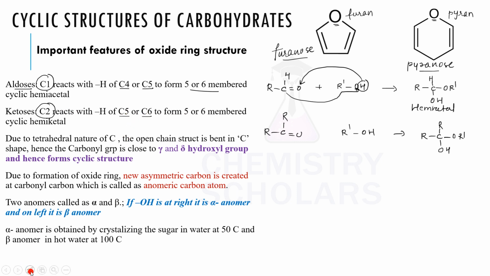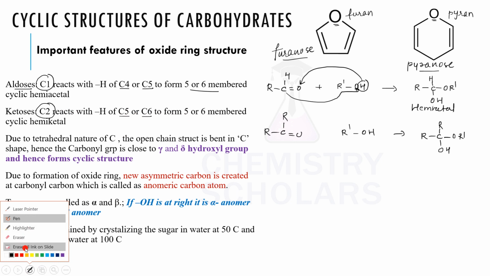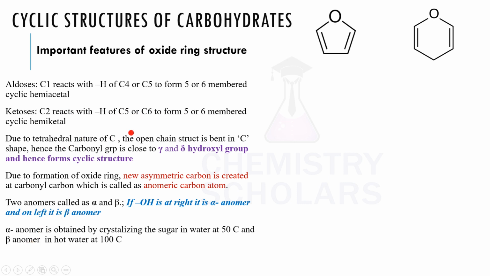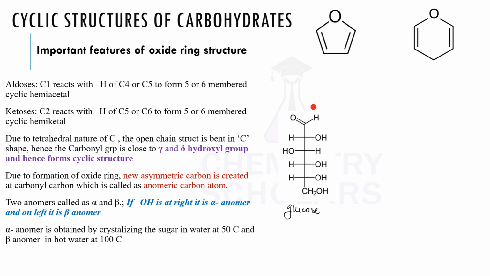Now, in the first place, why does the reaction take place? The reason is this carbohydrate chain, for example, glucose. This is glucose. These are not exactly straight as they look here. They are in a C shape, because of the tetrahedral nature of the carbon. Because they are in a C shape, this is alpha, beta, gamma and delta.